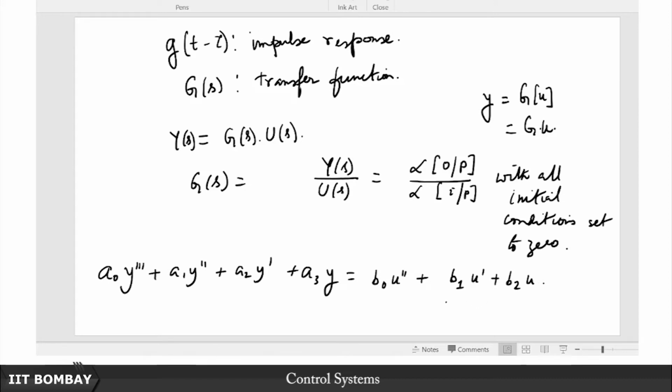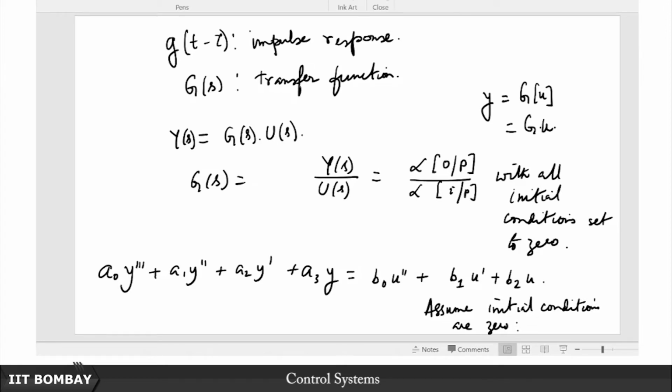This is the differential equation, and we assume the initial conditions are 0. In other words, y(0), y dashed (0), y double dashed (0) are all 0. That is what this assumption entails.